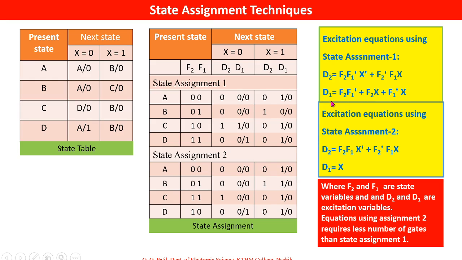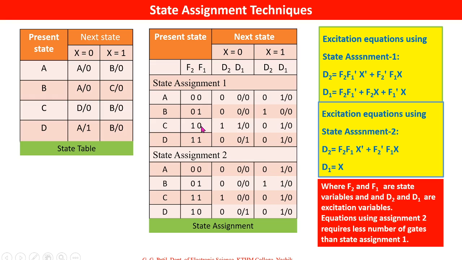The actual equation for D1 for state assignment 1 is F2 F1' x', plus here output is 1, so this condition is written as F2' F1' x plus F2 F1' x. Why F2?